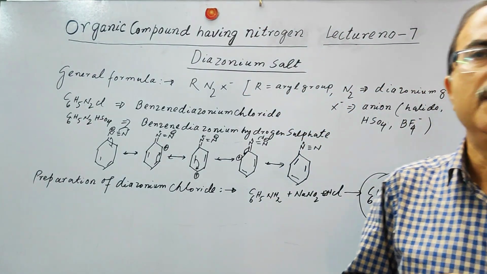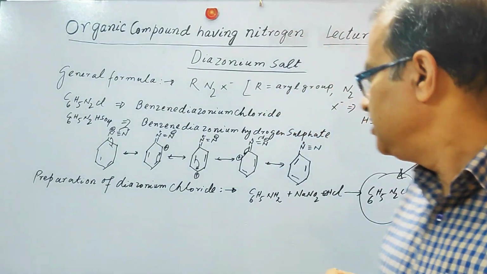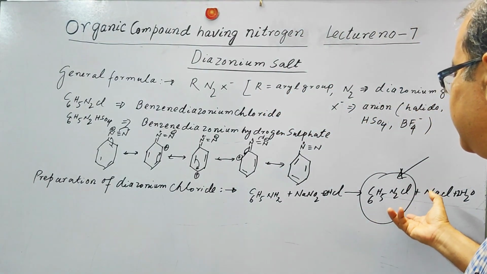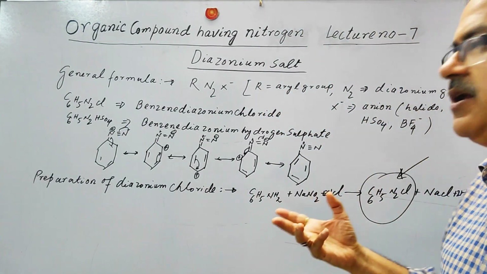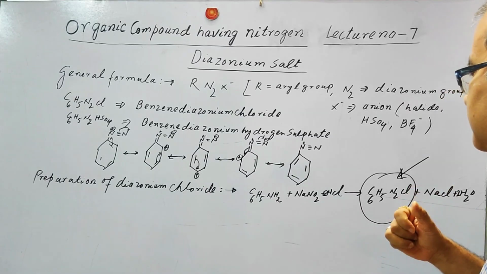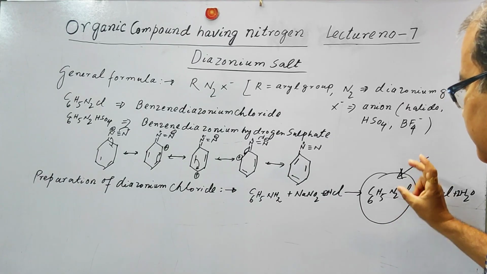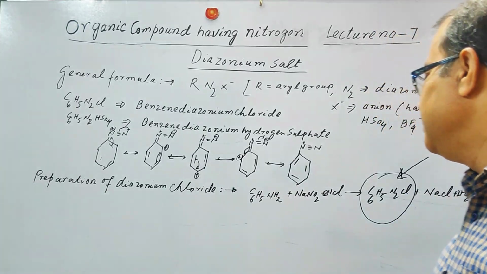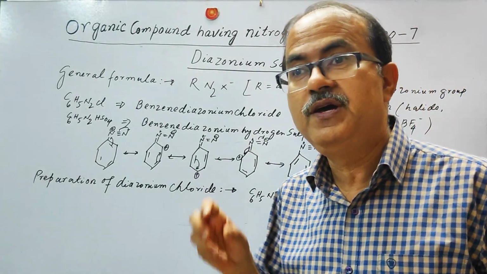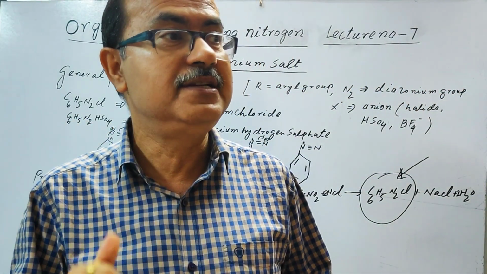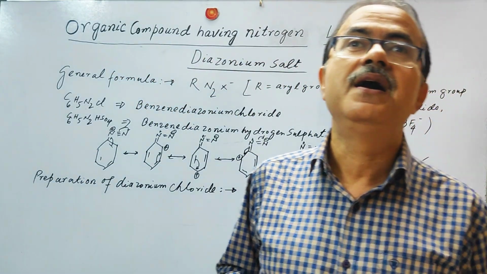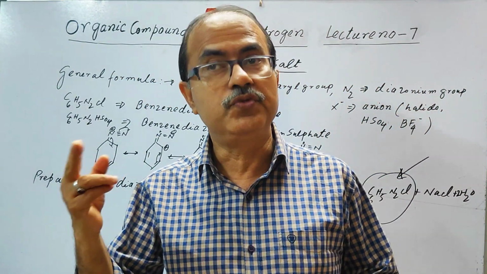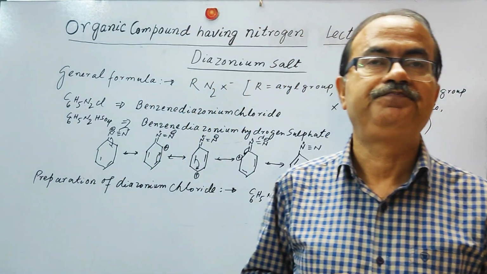If you do not maintain the pH, then a coupling reaction, which we will discuss later, will go on between the produced diazonium salt and the amine. So 3 moles of HCl, that is the acid, are required during diazotization as compared to the primary amine.